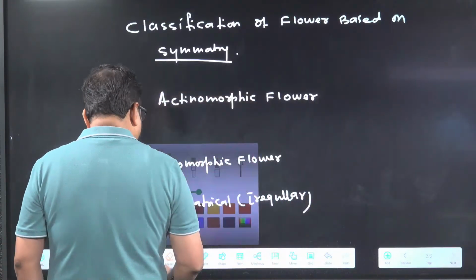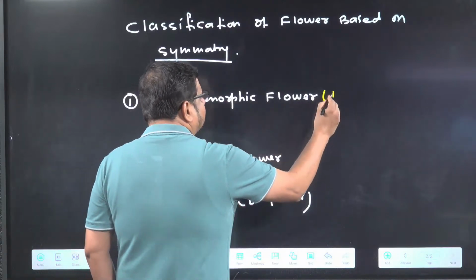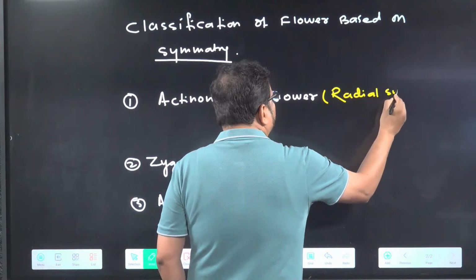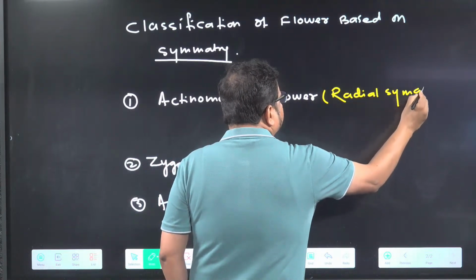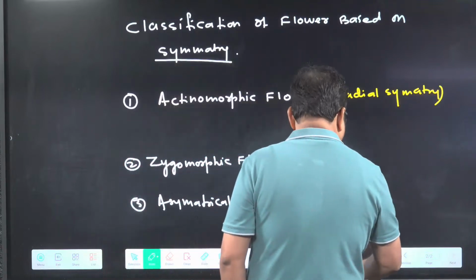So actinomorphic flower is also called radial symmetrical flower. In actinomorphic flower, which kind of symmetry is present? Radial symmetry is present.